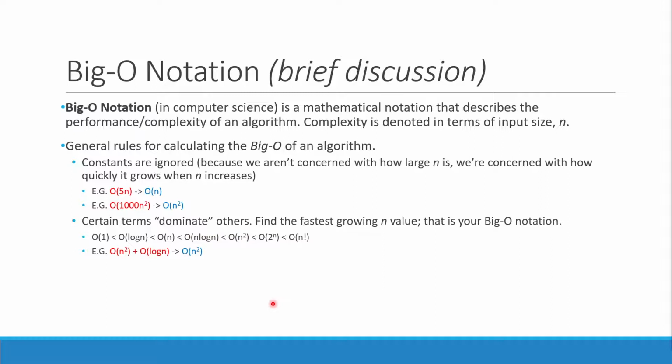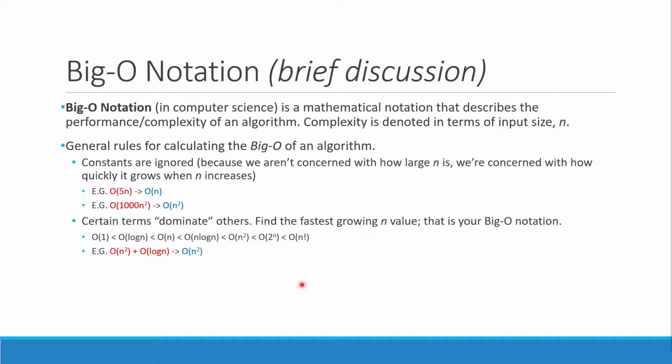So because of this, we say that quicksort is more efficient than bubble sort, because its big O notation is smaller than that of bubble sort. And more or less, this is the reason why we study sorting algorithms so much, because it's a good example to talk about algorithm analysis.